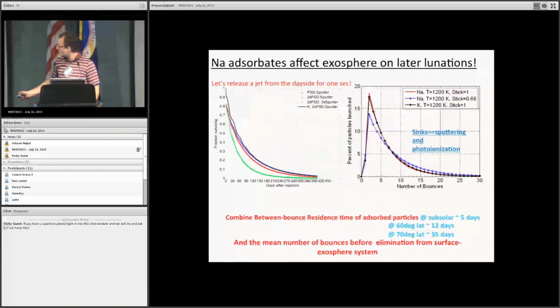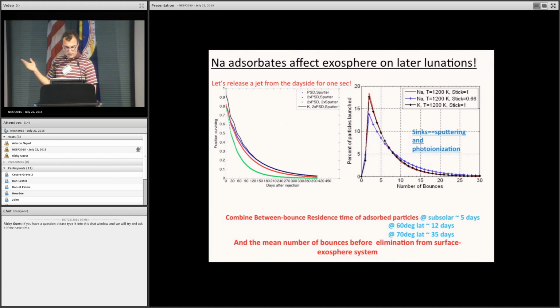So all of this is tracked with a Monte Carlo model in which we trace millions of particle trajectories at any time, counting both the gas parameters, particles in the air, moments like density and velocity, as well as the adsorbed coverage.